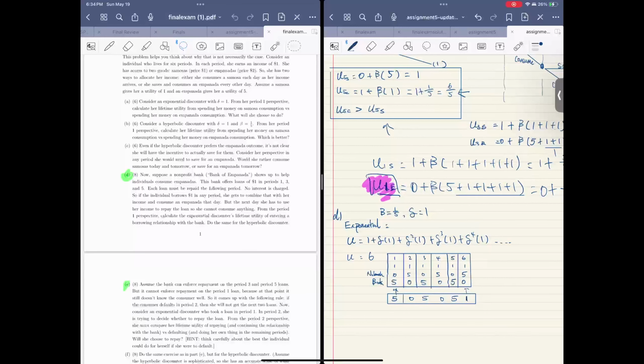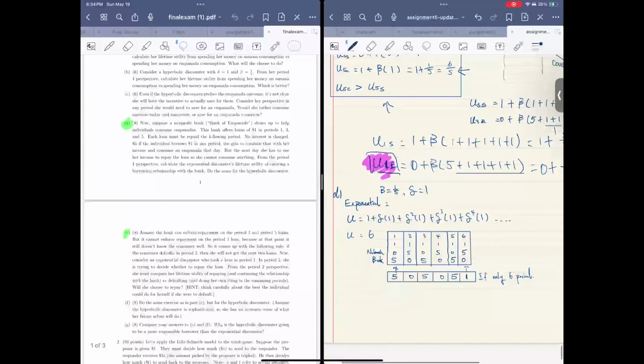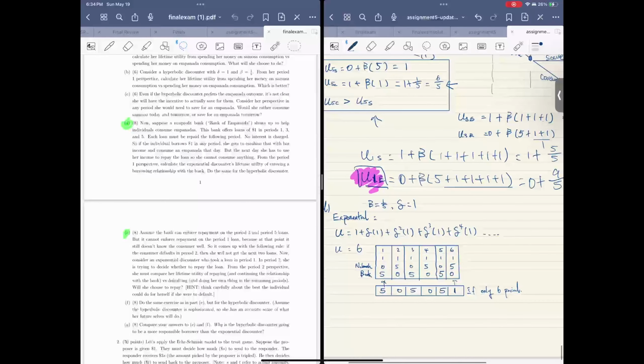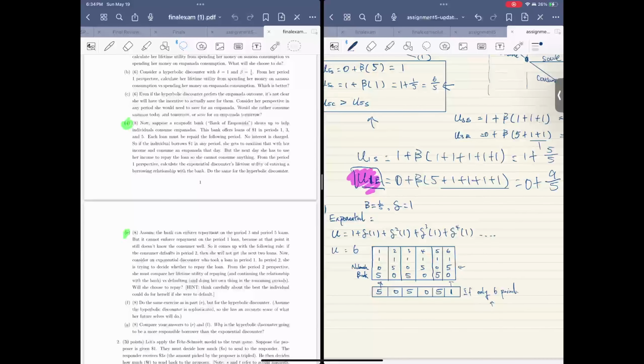You will not pay back the bank. If only 6 periods. But anyway, we don't have a default option yet, so we have to follow this no bank rule.